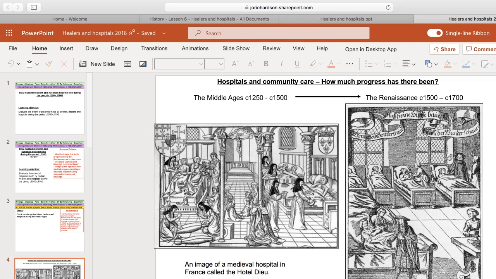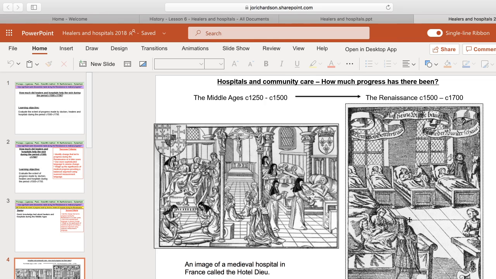Another thing we can see here is a doctor visiting the sick. It's not what we saw before of hospitality and taking care of the old. We see someone who's able to give medical treatment and diagnose a patient, and someone who is sick. So we've already noticed three things: lack of religious imagery, a doctor's there, and there are sick people. You should be able to notice the key point that they're now in separate beds.